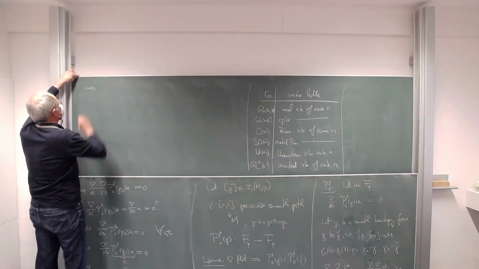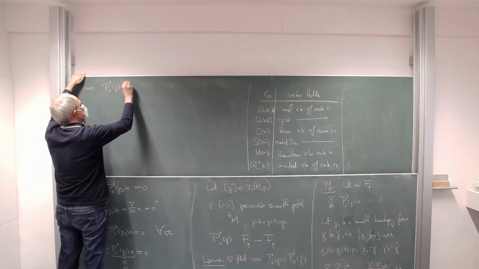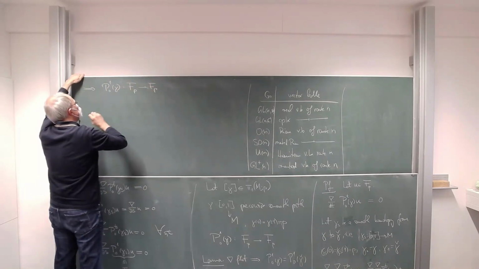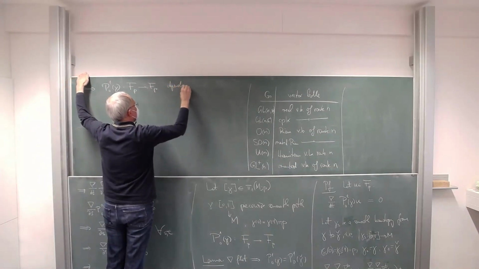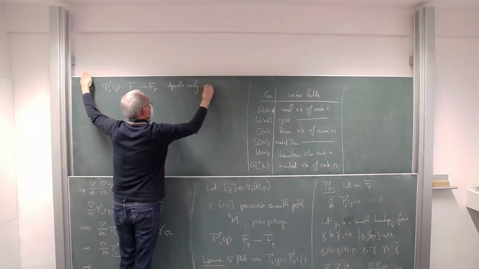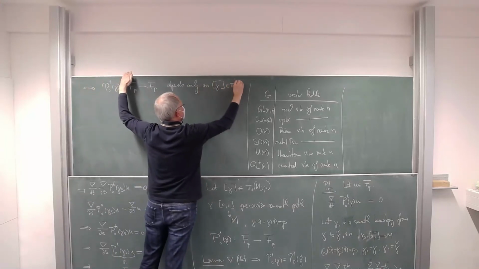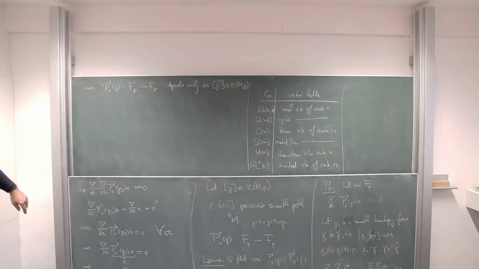So therefore, P1 gamma from Fp to Fp depends only on the homotopy class, one by one. This map, linear map.